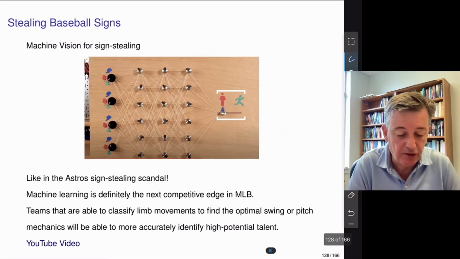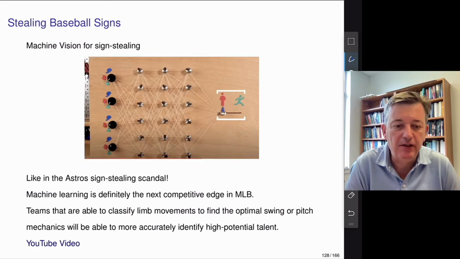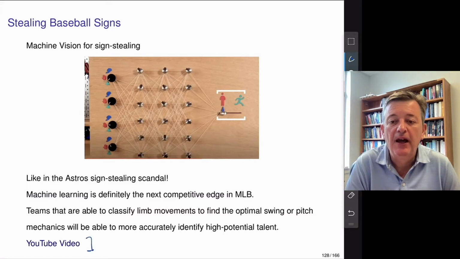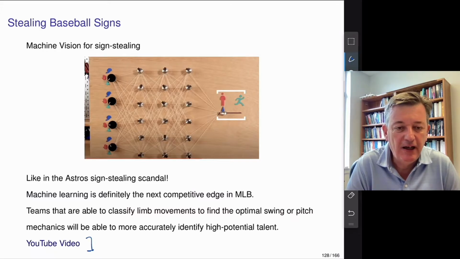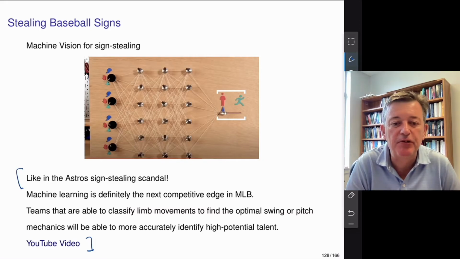Let's take another look at another example. So there's a YouTube video down here where somebody built a model for sign stealing, and I guess that was rather topical at the time, given the Houston Astros scandal, where they were sign stealing with machine learning video methods and using drums to signal what was happening.